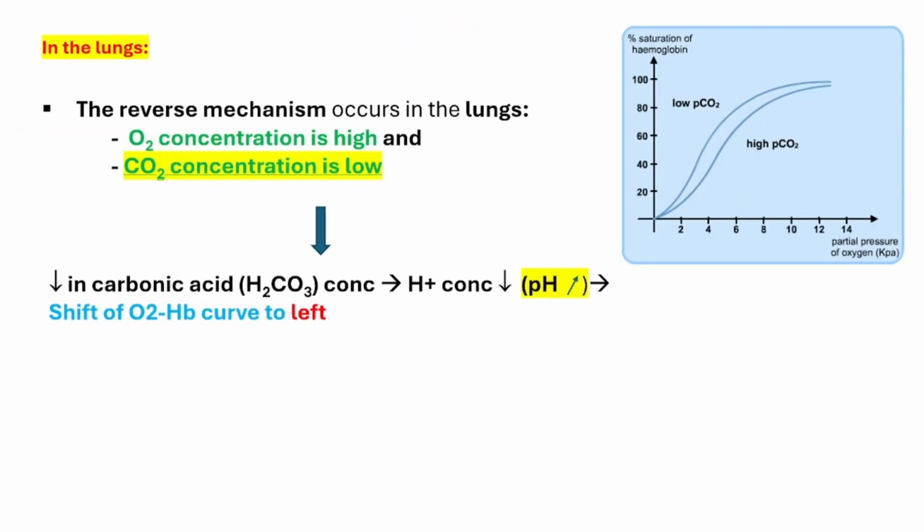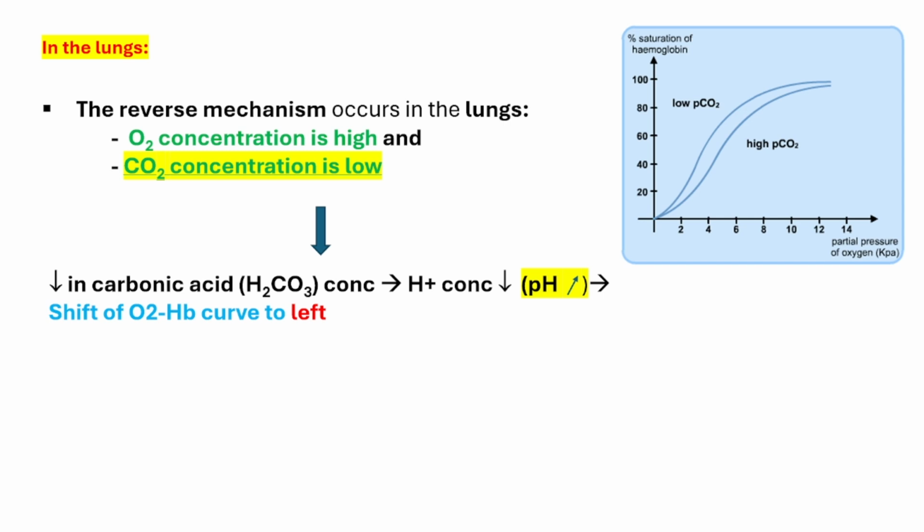Now, things are different at the level of the lungs. In the lungs, what are we going to have? I'm going to have high concentration of oxygen and low concentration of CO2. So it's like the opposite condition in the tissue. Low concentration of CO2 means low H plus, high pH.